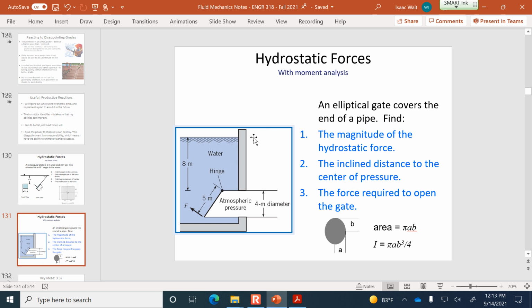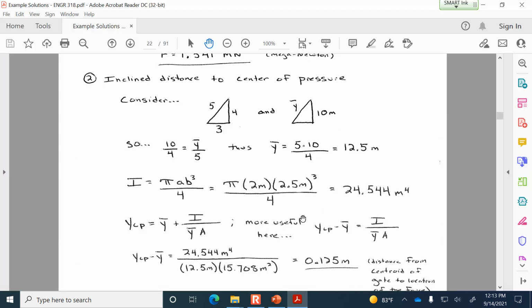So although YCP would tell us how far it is from the water surface down to where the force is located, it's more useful for us to figure out the distance from the hinge to where the force is located. So that distance, 0.125 meters, is how much further below the centroid the hydrostatic force is applied.